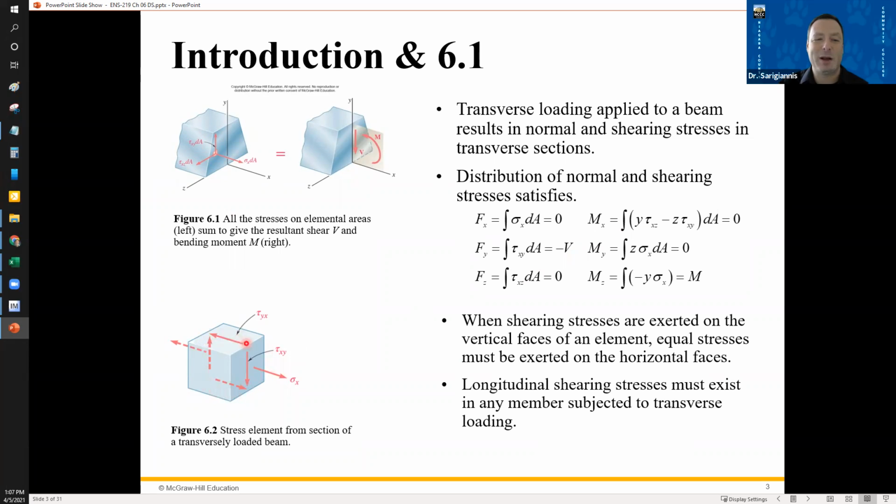I don't like the way they did this because the arrows are pointing in the direction that are not correct. But this designation is the first letter represents the plane, or you're on this plane, and the first letter represents the perpendicular axis, right? So this is the face whose perpendicular axis is the x-axis.